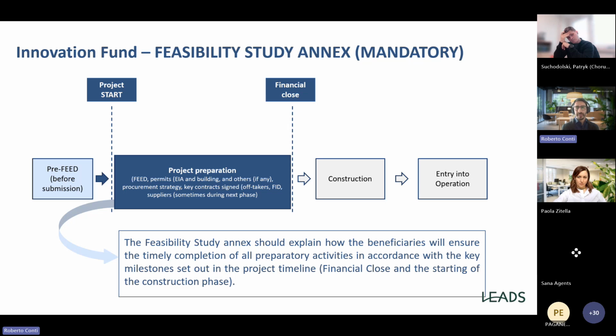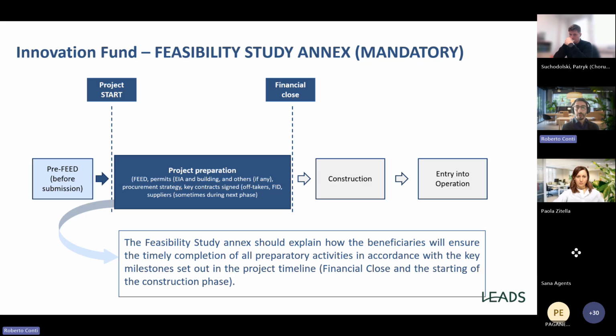Typically, the Innovation Fund implementation timeline is divided into 3 phases. The first one is up to financial close, the project preparation, where you have to show your studies, your permits, your contracts, and so on.